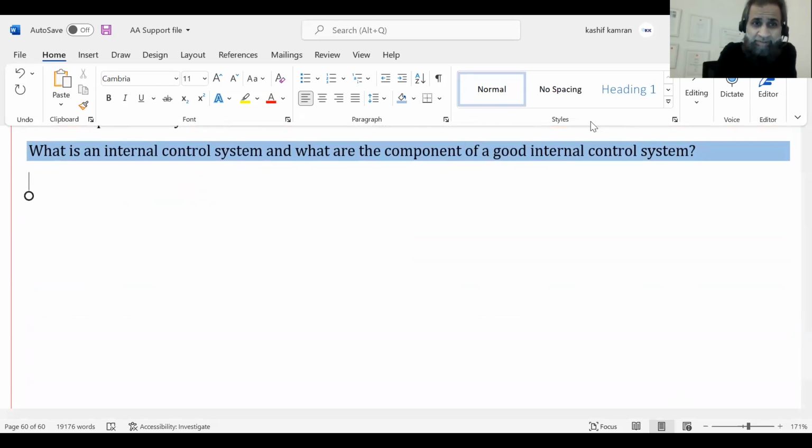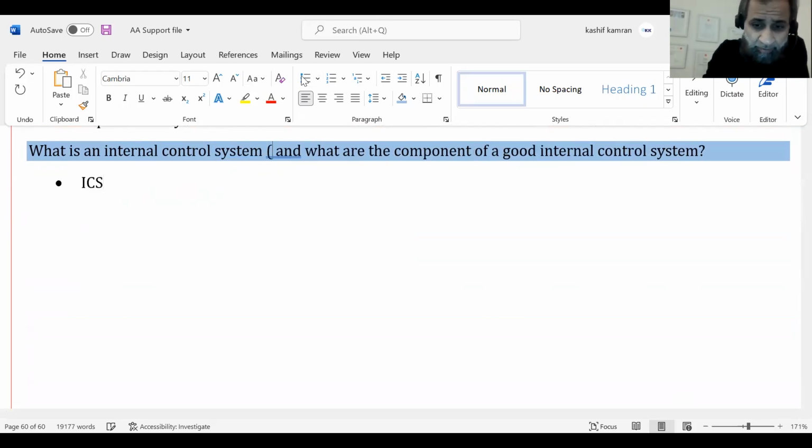Now, when you look at what is an internal control system and what are components of a good system of internal control, let's go down with this order. I'm using the short form ICS, internal control systems, because it's a long term to be used again and again in the lecture.